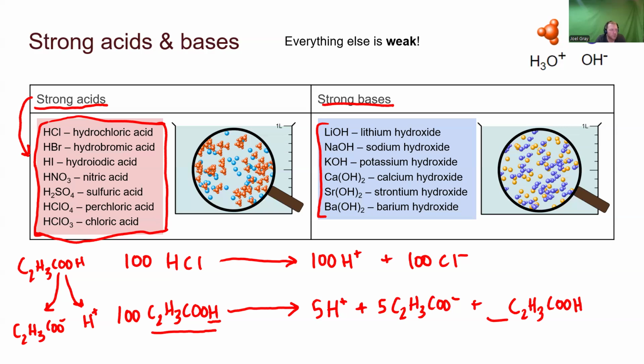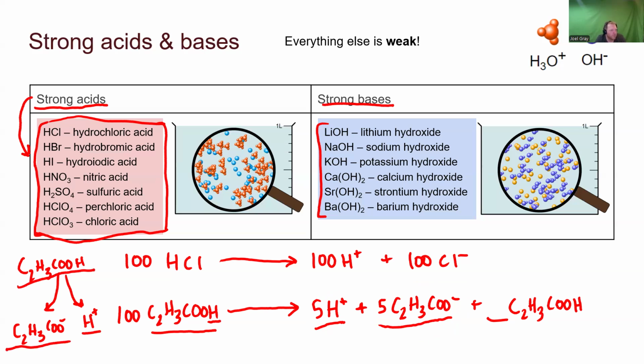Close, close. Remember, these two things pair up. What I'm underlining right now are the dissociation products. So from one of these, you get one of these and one of these.